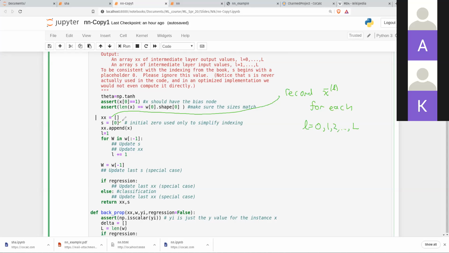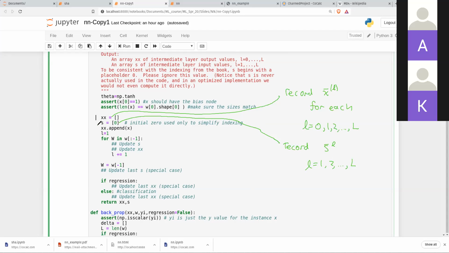And also you're going to need these S's. So when we talk about back propagation, you're going to need those S's to make it work. So you also want to record or remember SL for L equals 1 to L. Okay.